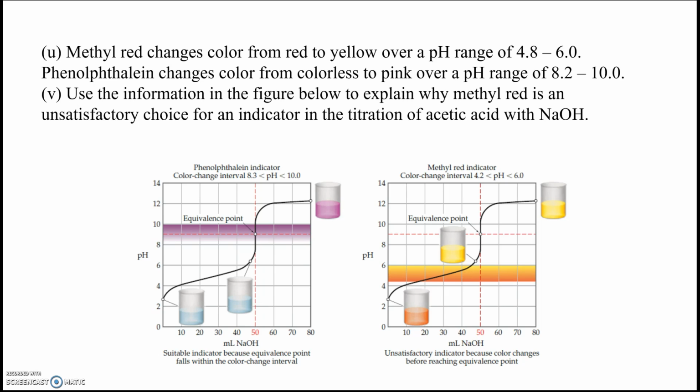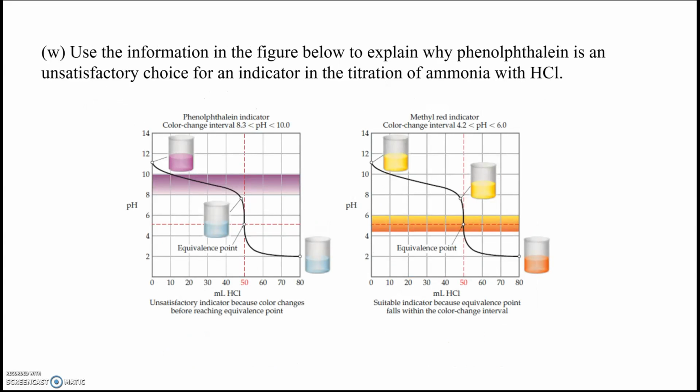And we want to use the information in the figure below to explain why methyl red is an unsatisfactory choice, because you can look at these graphs and see, well, when I use phenolphthalein, the color change happens on the vertical portion of the curve. Whereas if I use methyl red, the color change happens too early. So I don't really have a good indicator of when I have got to my equivalence point.